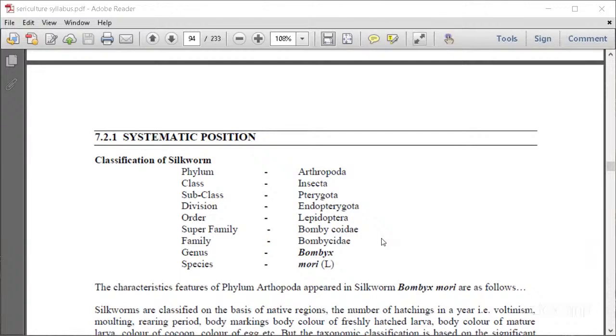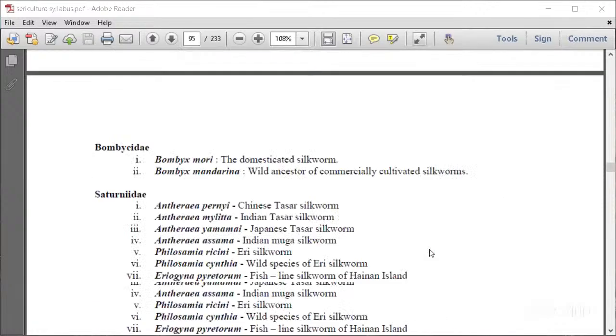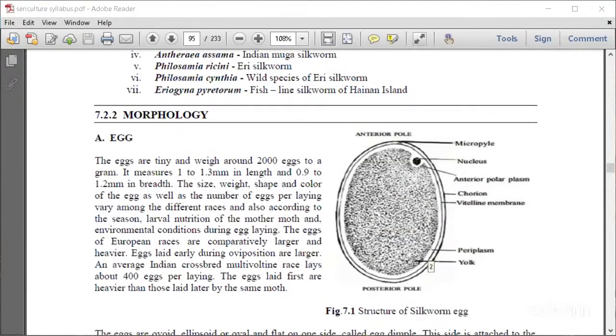Here you can see the morphology. Coming to the egg, the structure of the silkworm egg: the eggs are tiny and weigh around 2000 eggs to the gram. It measures about 1 to 1.3 millimeter in length and 0.9 to 1.2 millimeter in breadth.